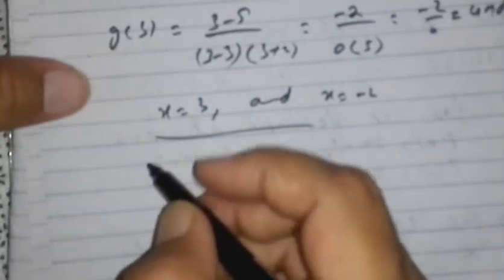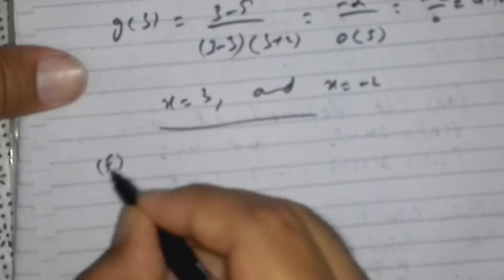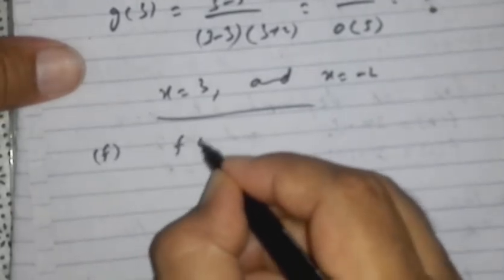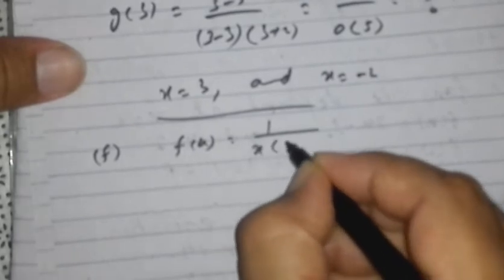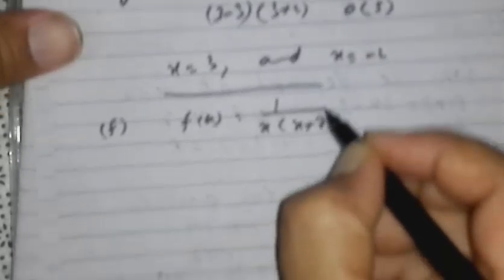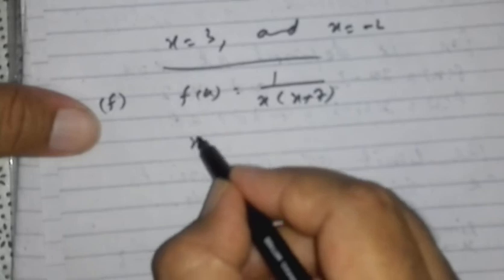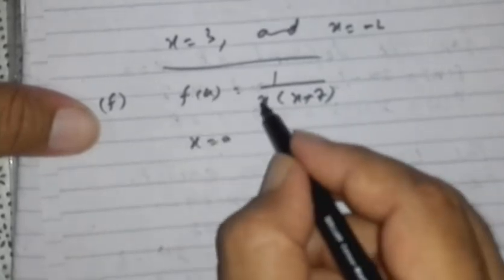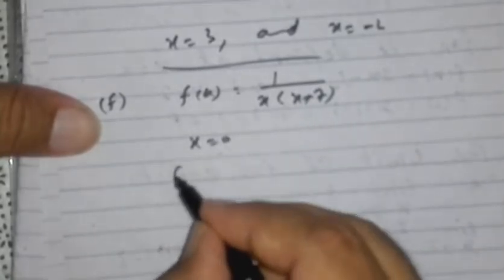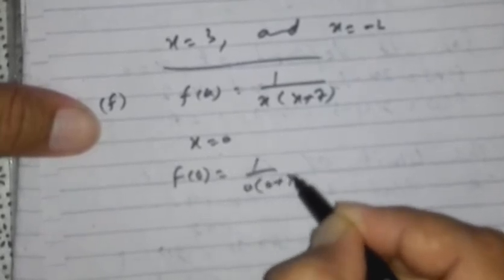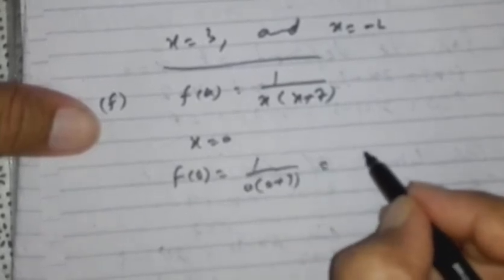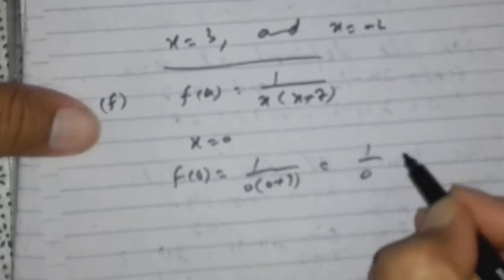Now look at part F, which is f of x equals 1 over x into x plus 7. If you put x equals 0, f of 0 is 1 over 0 into 0 plus 7, so we get 1 over 0, undefined.